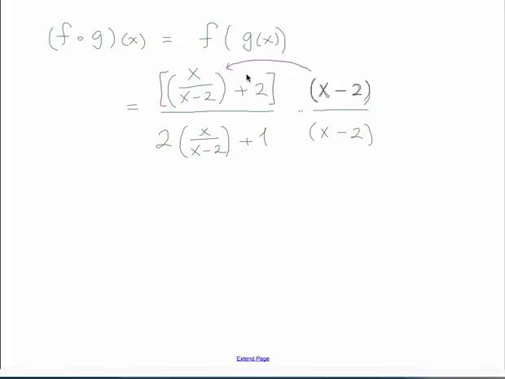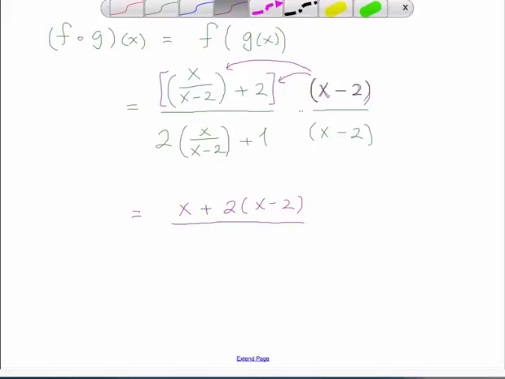This goes here, and this goes to 2. Okay? Then what do I get? X over x minus 2 times x minus 2. The x minus 2's will simplify, and you have x left, plus 2 times x minus 2 is 2 times x minus 2. You see how easy that was? Now you don't have a fraction, right?